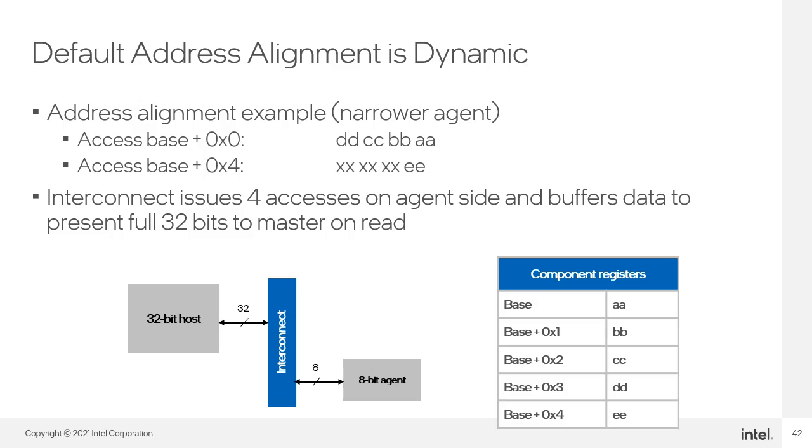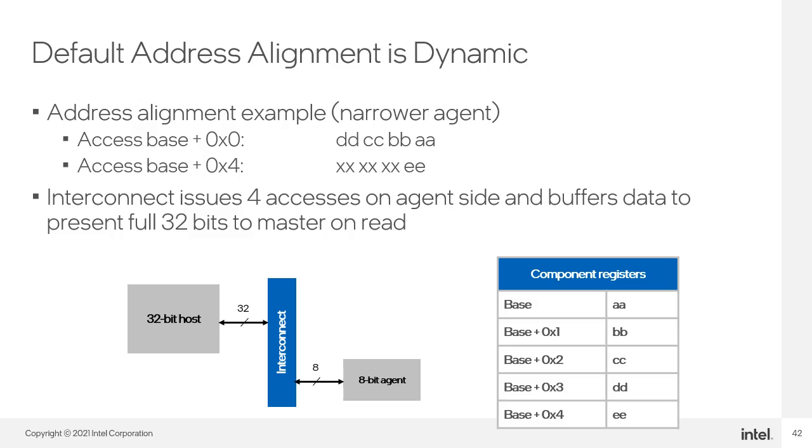The Platform Designer interconnect performs dynamic address alignment by default. If the host and agent components are of different widths, the interconnect will access the agent as many times as needed to fill up the host's data bus, buffering data and taking additional clock cycles as needed. For example, with a 32-bit host and an 8-bit agent, when the host issues a read or write to the base address of the agent, 4 bytes are needed to fill the host's data bus.